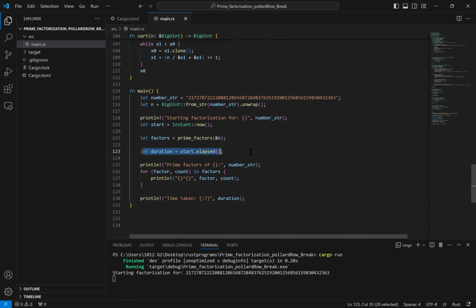Now it will give us the period that it takes to do that factorization. Then after that, it will print the prime factors of this number, then it lists all those prime factors. It will also print as the duration, time taken.